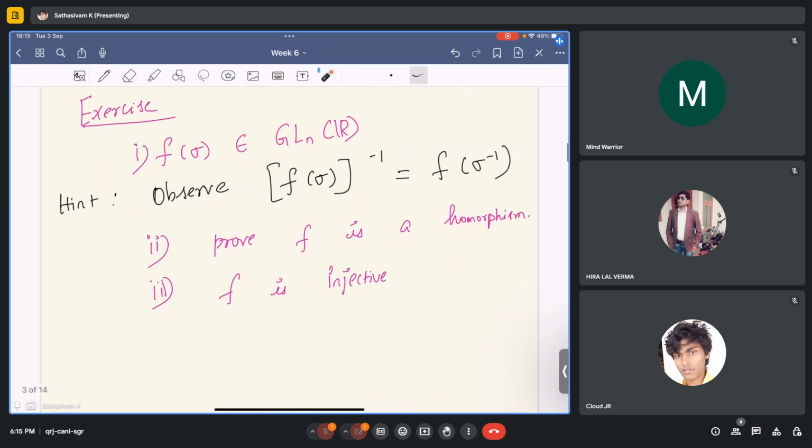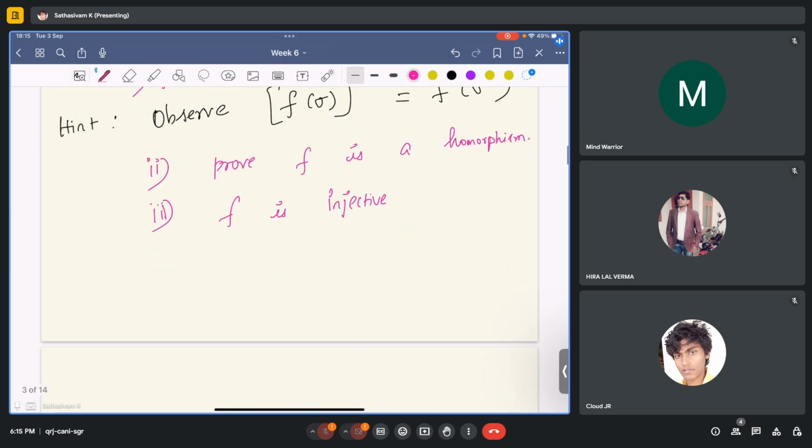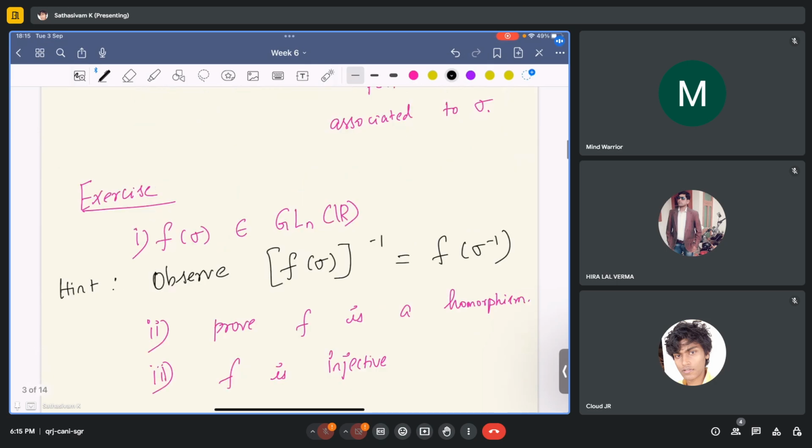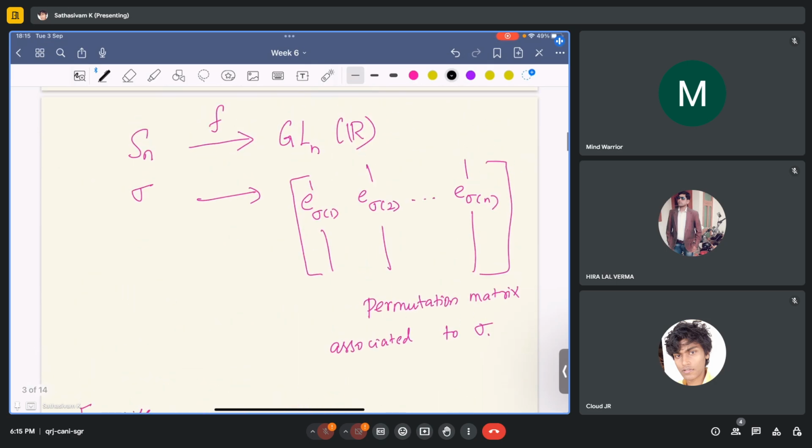Okay. So if you want to find whether it is injective, here also I give you the hint. These are very easy to find, but I will just leave it for you. The reason I'm leaving it is that this is not the part of the course that was done. So I just want to give a different view, because this is the way that I like, and when you do that you can actually understand what is happening.